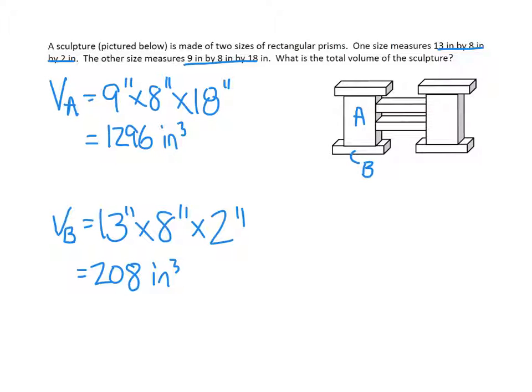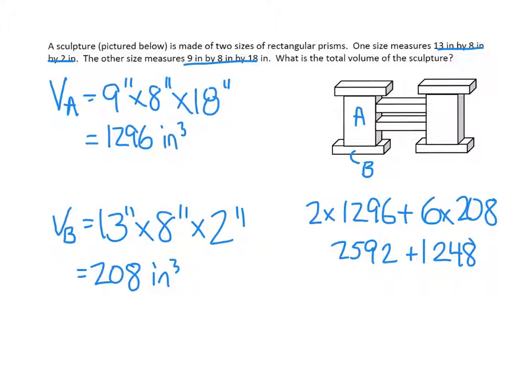Or 208 inches cubed. Now as I look at my figure, I see that I have two of the shape A's, here and here. So I'm going to need two groups of 1,296, and I have 1, 2, 3, 4, 5, 6 of B. So I'm going to need 6 groups of 208.